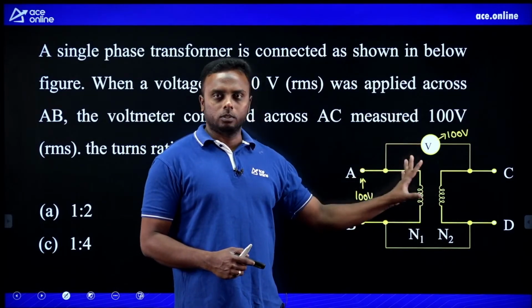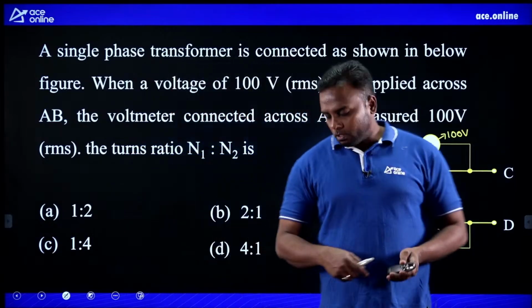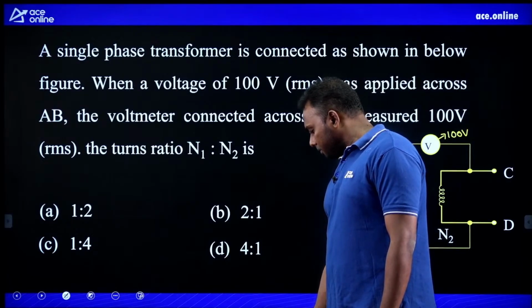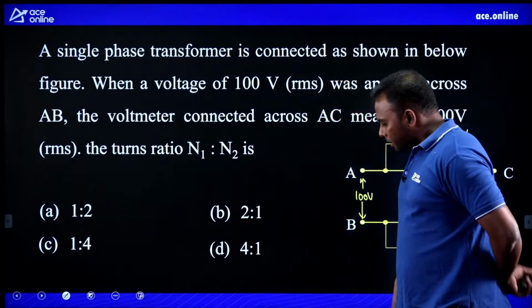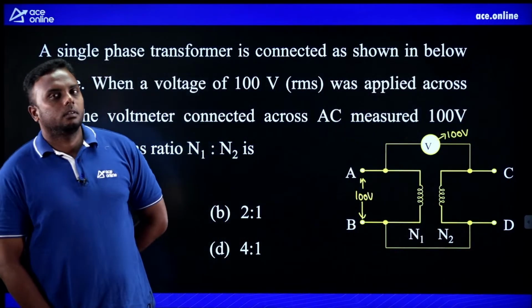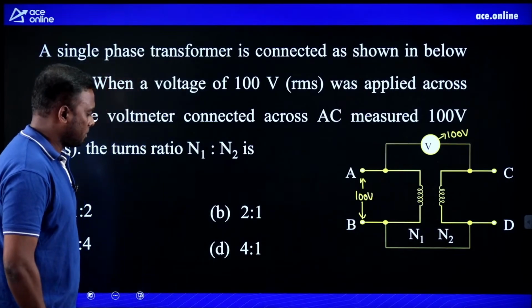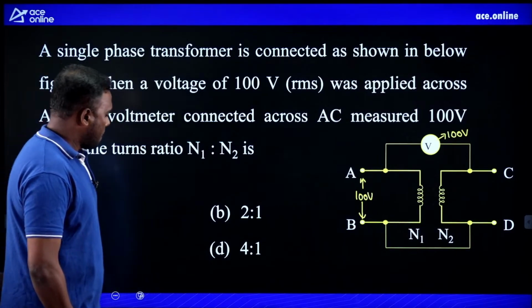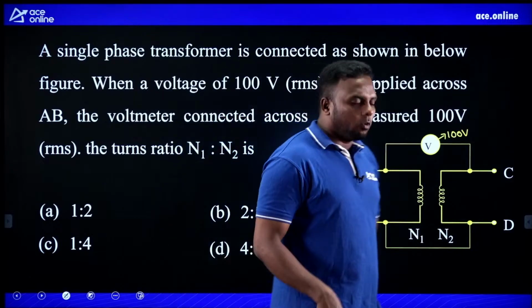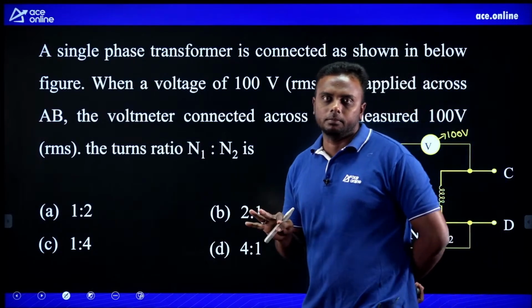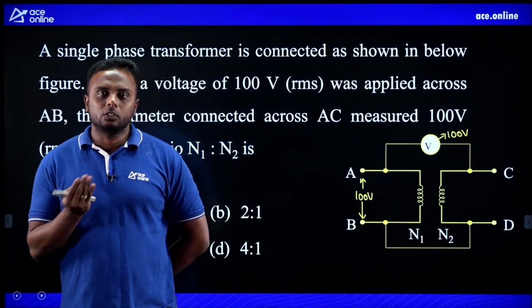That means the turns ratio is how much? The voltmeter may read sum or difference, which is not given, so you have to understand based on the turns ratio given in the options.